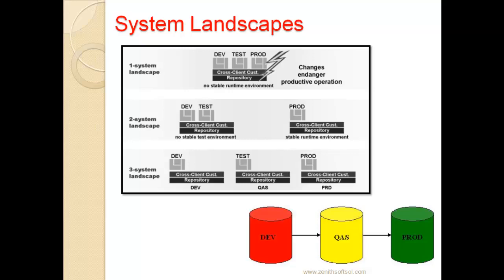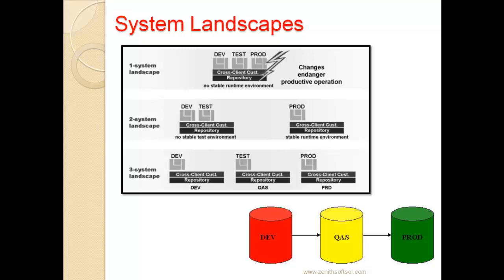And one more important point, that changes done in the development box should be moved to the quality box and get tested, and finally transported to the production box, so that end users have access only to the production box, and very few end users will have access to a separate training box.